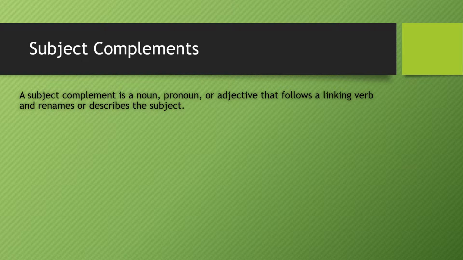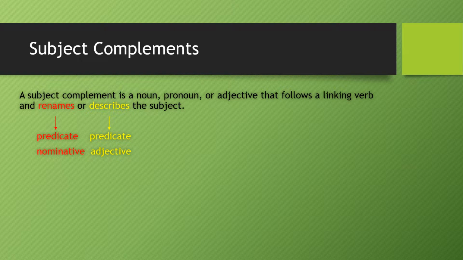So we've already discussed the fact that there are two different categories, predicate adjectives and predicate nominatives. So the question is, how do we know if it is a predicate nominative or predicate adjective? Well, a predicate nominative is going to be a noun or pronoun that renames the subject, whereas a predicate adjective is going to describe the subject.